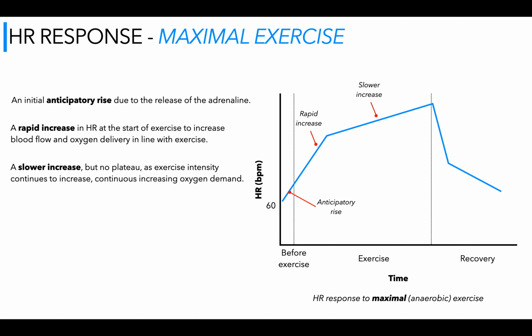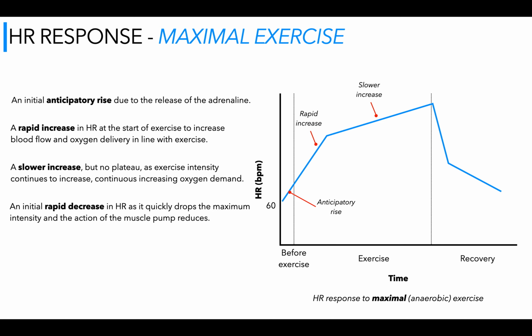For example, you could go from anticipatory rise 60 to maybe 75, 75 straight to, who knows, 150, 160, 170, and then it will continue to rise as the intensity continues to increase. It has to keep going up because we have an increasing oxygen demand, so the heart rate needs to continue beating faster.